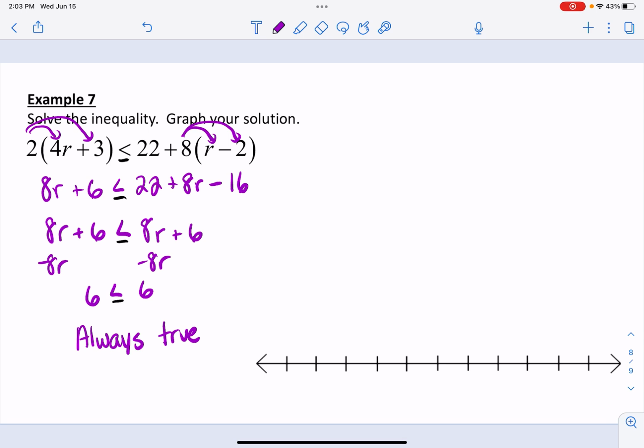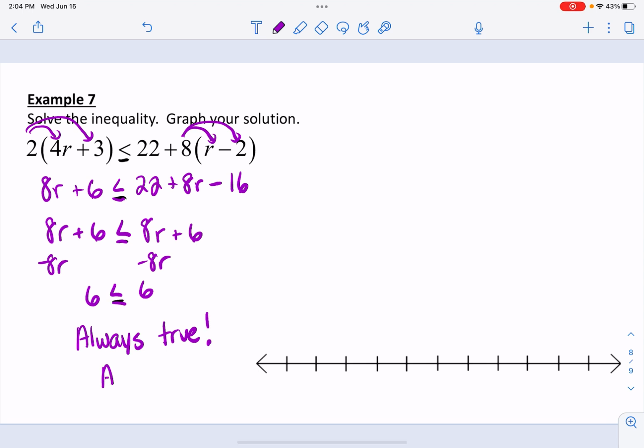Because 6 is equal to 6. I was just going through and making sure real quick that I didn't make any mistakes, but I don't think I did. Nope. Okay, I think that equal sign should have been there. So this is always true.